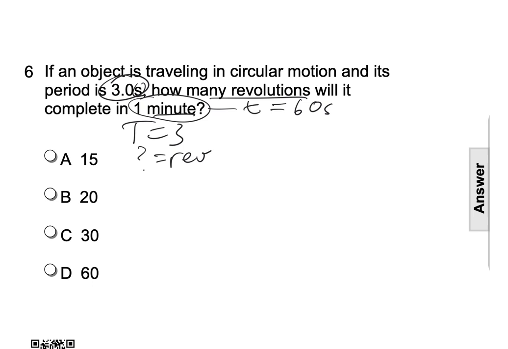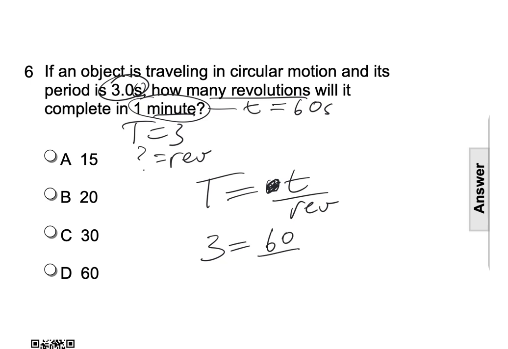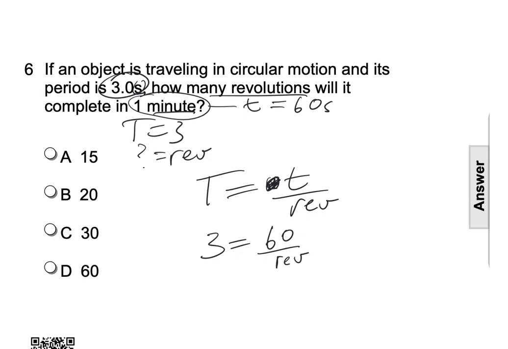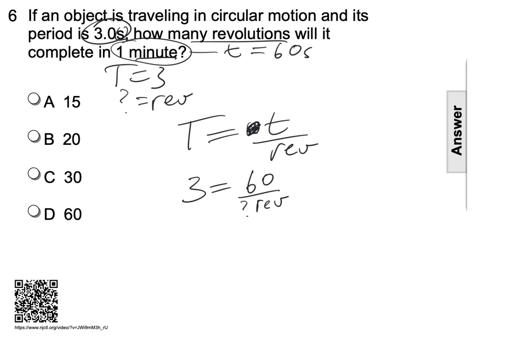So put that together. We're looking for how many revolutions. So big T equals the time per revolution. So I got 60 up here. Big T is 3 equals 60 over the revs, or X. So 3 times, cross multiply when you have a fraction, 3 times X is 60.